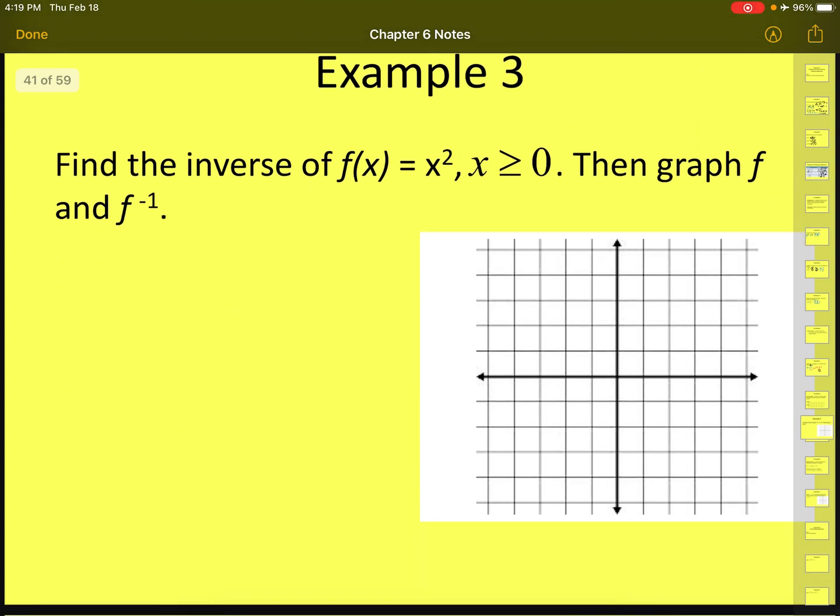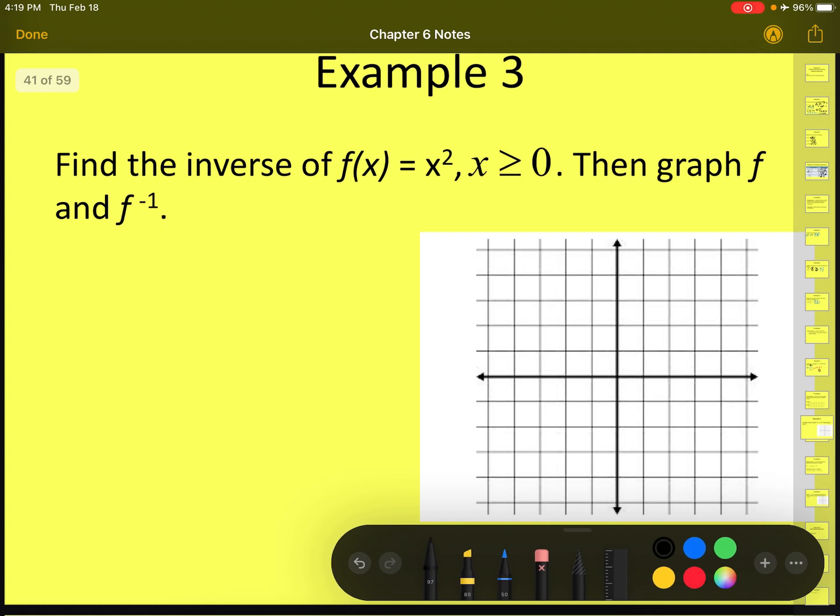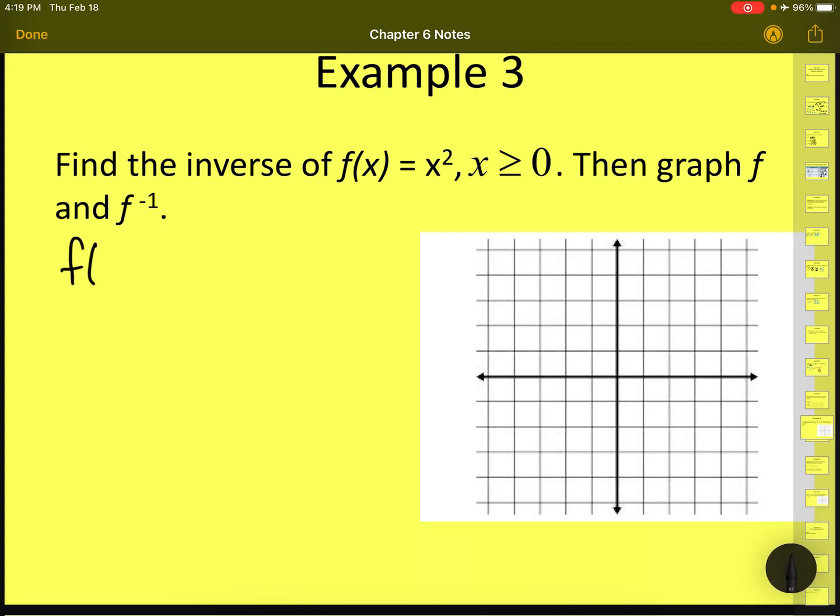In example 3, we're going to find the inverse of function f being x squared when x is greater than 0. Then graph function f and the inverse of f. So we're first going to find the inverse. Well, there's no y yet, but f of x means y, so just go ahead and make it a y.